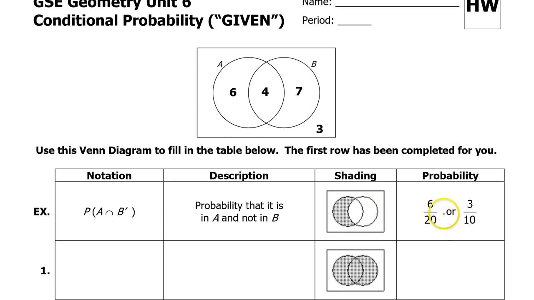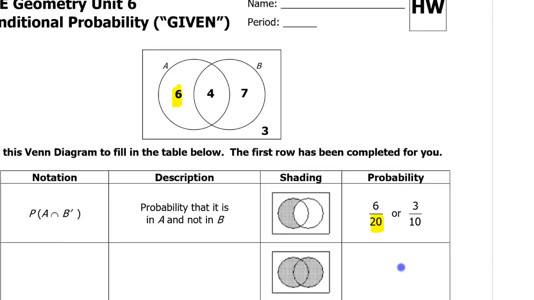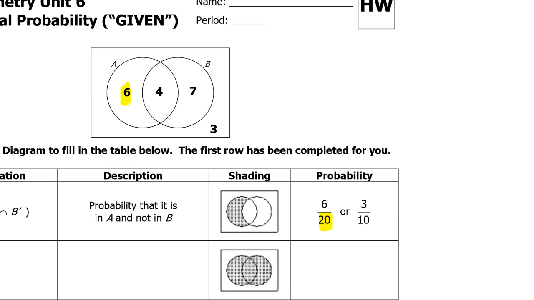Now they did this calculation 6 out of 20, of course, because the 6 is how many is in that event, and 20 is going to be the total. If I add all 4 of these numbers together, that's the 20. And it reduces down to 3 over 10. And just for fun, I usually like to write these probabilities as fractions and decimals and percents.